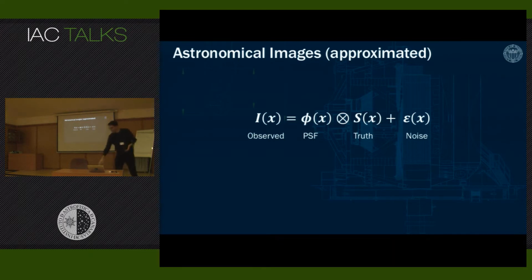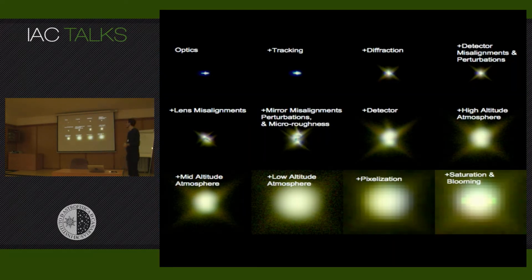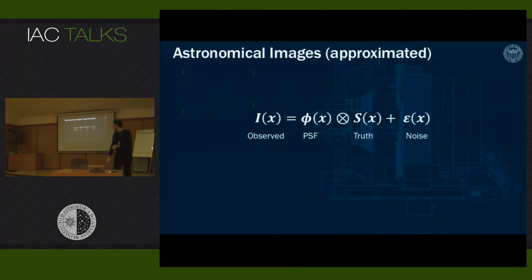Typically, this entire complicated process, we ignore all the details and we just approximate it by saying, I have a point at the beginning, and that point gets turned into this big blob by an operation that's effectively convolution. And a convolution by something called a point spread function.